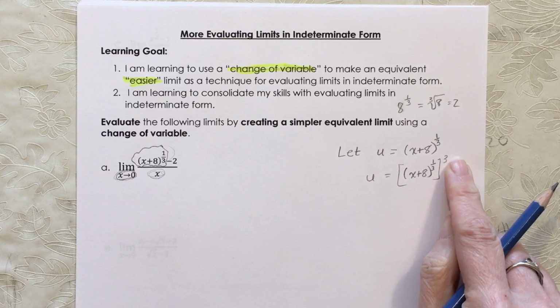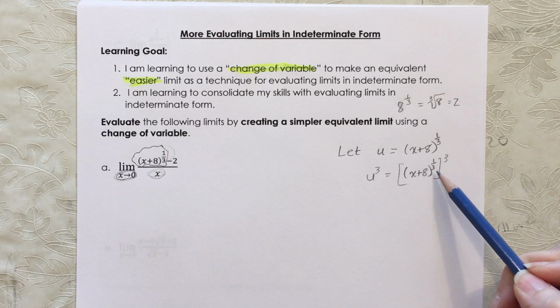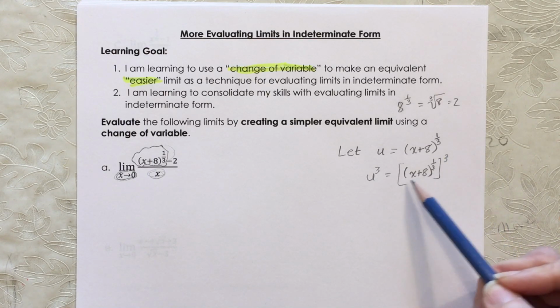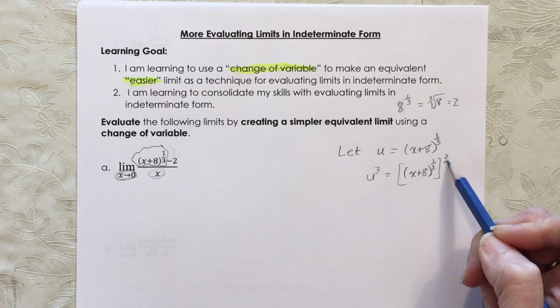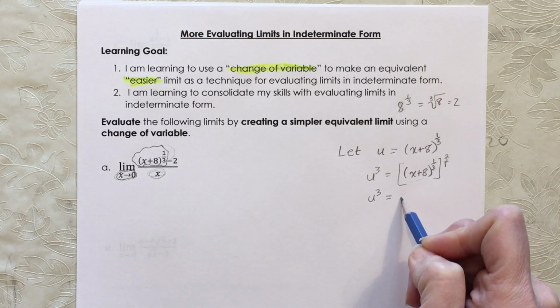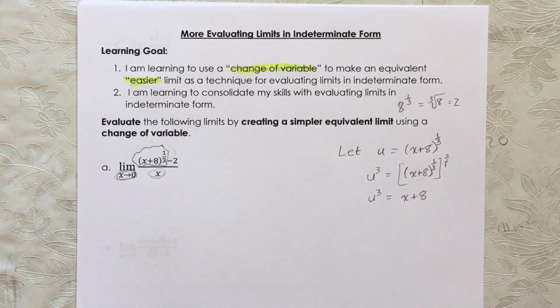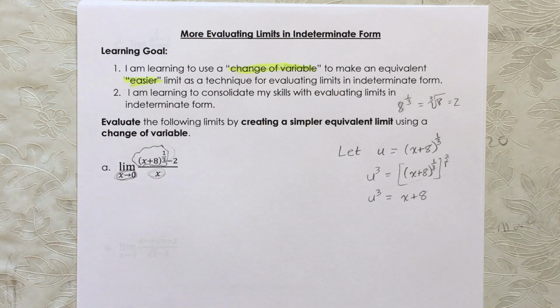By the exponent rule for power of a power, you keep the base, x plus 8, but you multiply the exponents. And 1/3 times 3 is just 1. So we have that u cubed is equal to x plus 8, which is going to help us when we need to replace this x. I'll show you that later.